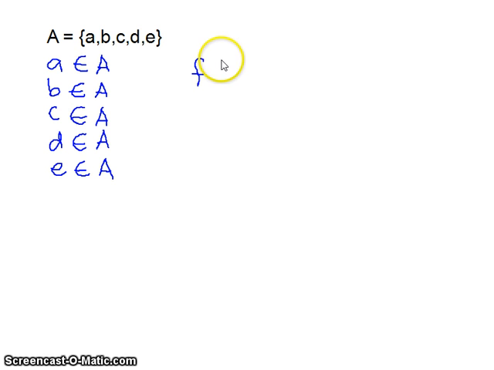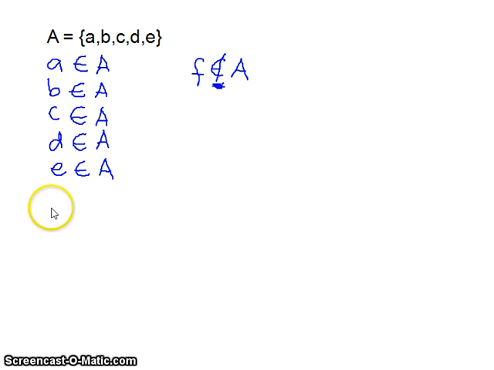So the notation for that is F is not an element of set A, and all the other letters except A, B, C, D, and E are not elements of set A.